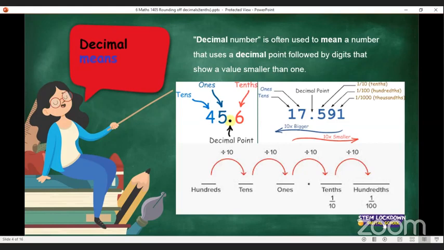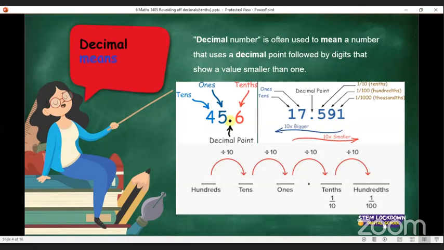That is why the second place value is called the hundredth. If you have 9 over 100 in fractions, you will have 0.09, and the 9 represents the hundredth because it is 2 digits after the point.